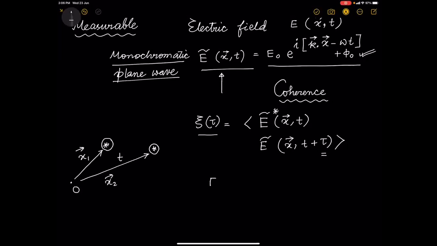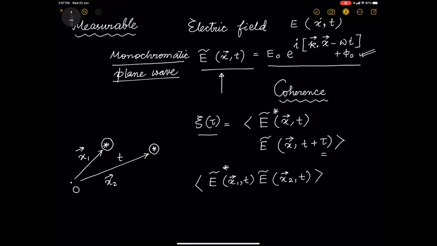I have the electric fields measured at x1 at time t, and these are complex numbers. The tilde sign tells you that it's a complex number. Now I measure the electric field at x2, but at the same time, and then do the same correlation. Because it's a complex number, you take a complex conjugate and do the correlation, but that's it.